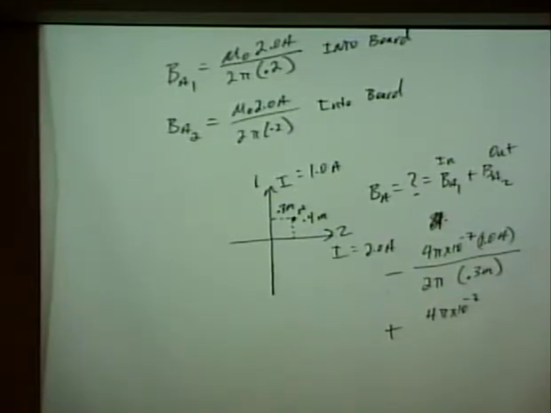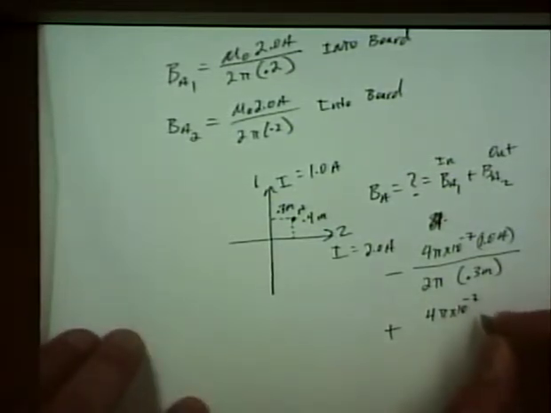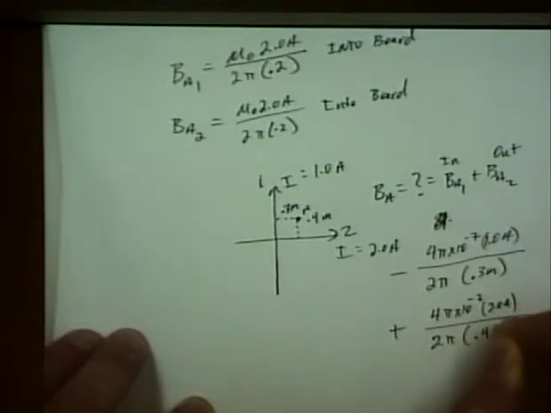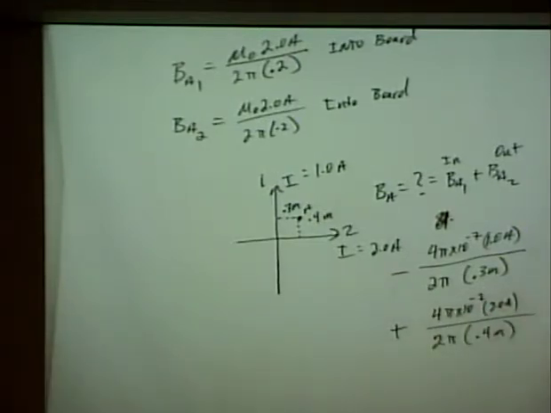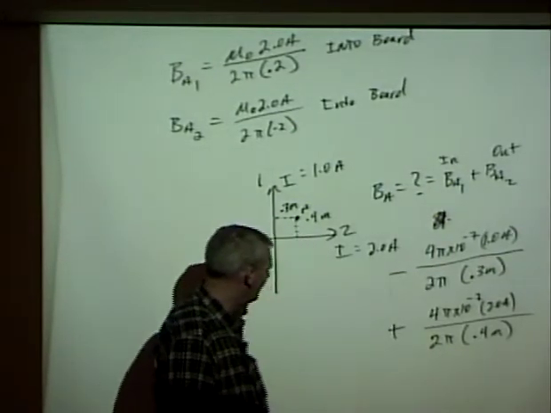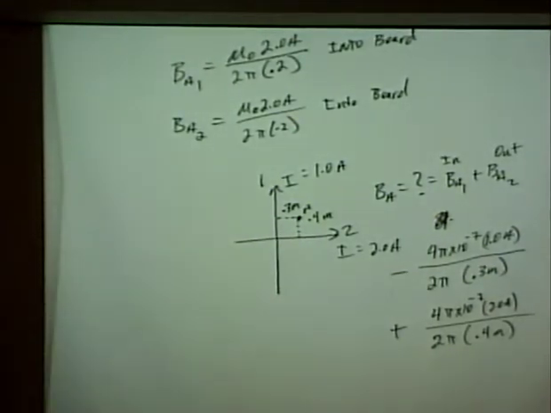Then we'll look at something kind of interesting here too. Over 0.4 meters. Again, these will cancel, so it'll be all right. Anyway, that's the way you'd find that B field.